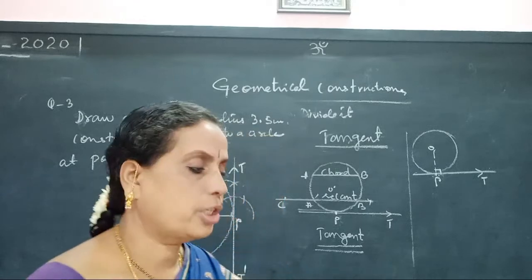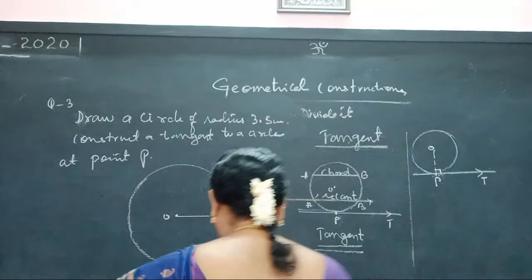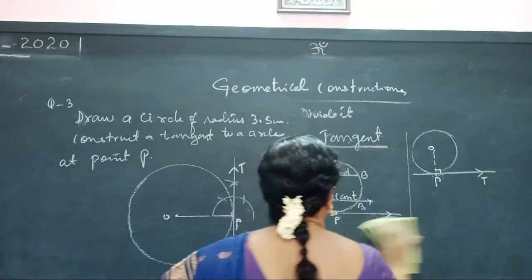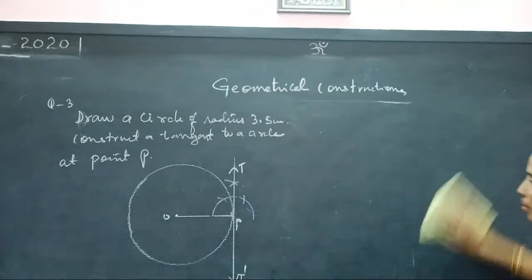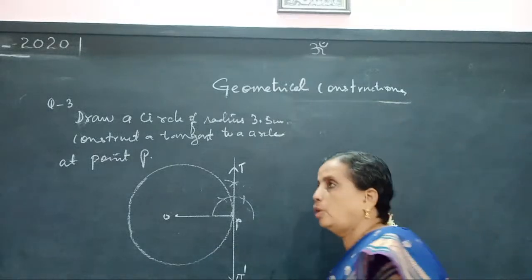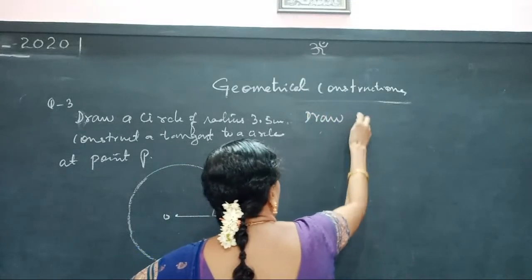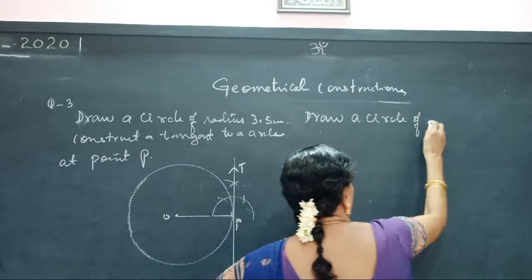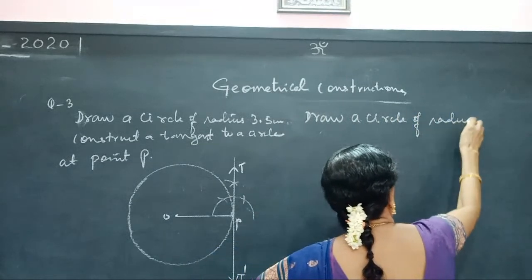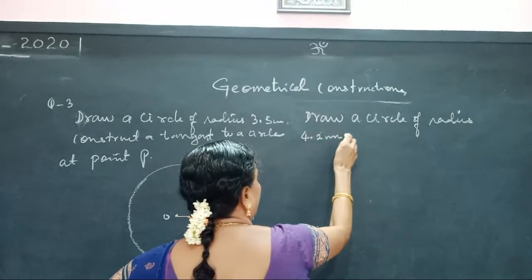Next, take the next question. Draw a circle of radius 4.2 centimeter.